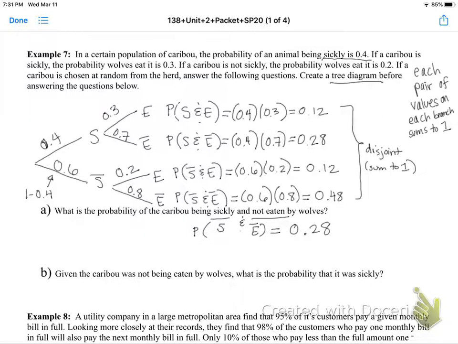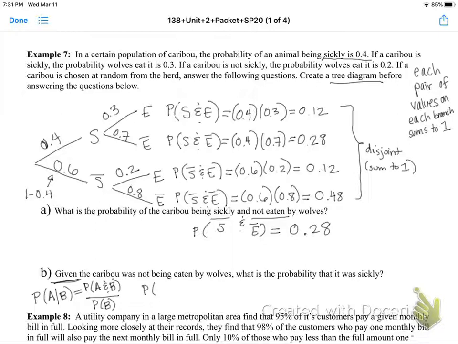Now, the next statement here is a given, which is a conditional statement. The given probability, if you remember, the formula looks like this. The probability of A given B is equal to the probability of A and B, so they're now both happening, but B happened first, so we divide by the probability of B. We want to be careful: given the caribou was not eaten by wolves.